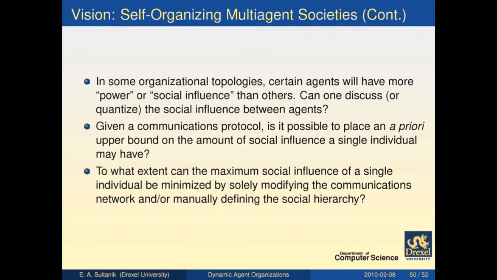Can we discuss or even quantize that? And given a communications protocol, is it possible to place an a priori upper bound on the amount of social influence a single individual may have? And to what extent can the maximum social influence of a single individual be minimized solely by modifying the communications network and or manually defining the social network?